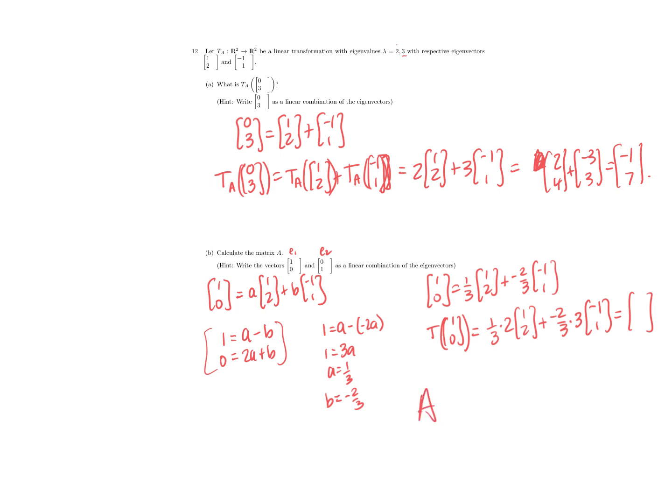Then the matrix A is going to be made up of T of e1 in the first column, and T of e2 in the second column. So you can figure out what T of e2 is, and it goes in the second column. That's how you would do it.